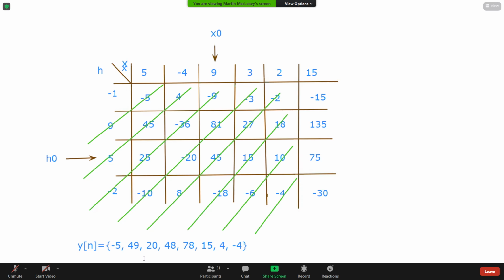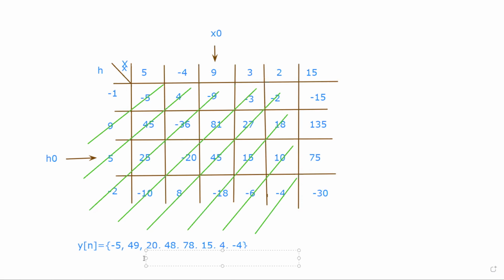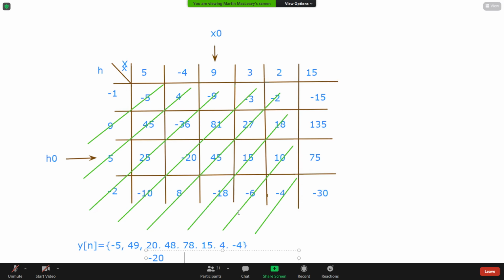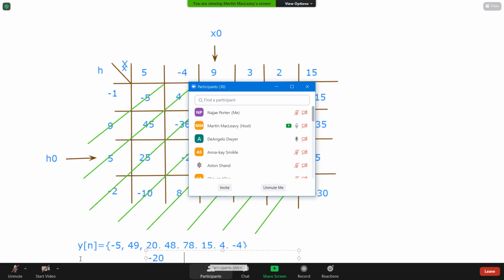This should be -20, right? And the 78 should be what? 43? Let me see. No. Oh, yeah. Sir, it's 78, because that's a -2.